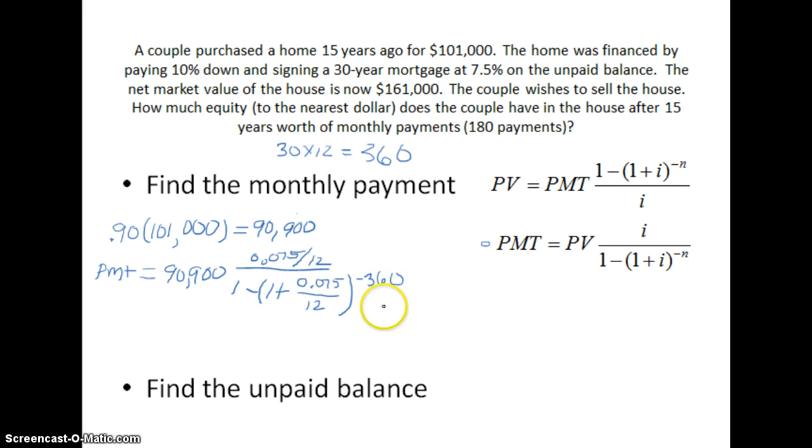Now, I suggest to you that you do this whole equation on your calculator, so take a moment, stop the recording, do this division, get the decimal, keep all the decimals to the end, and then round at the very end. And when we do that on our calculator, we should get that the payment for this couple is $635.59.